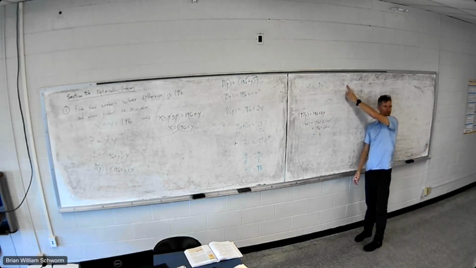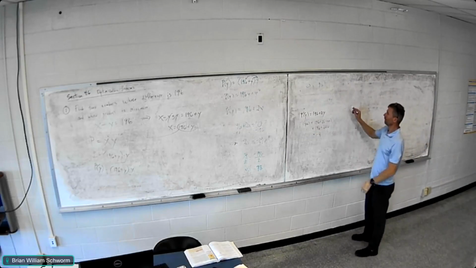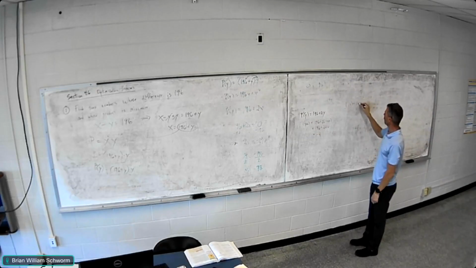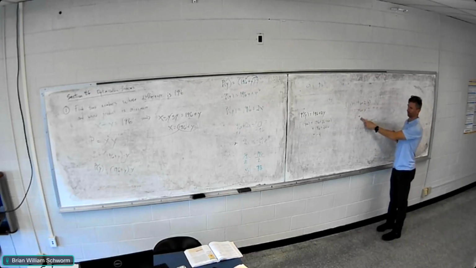Most likely this interval it's increasing, but we need to check to make sure. So pick a number, plug it in that's in that interval. Pick whatever you want. I'll do 0 just because it's easy to do calculations with zeros, and 0 is in that interval. Yeah, 196, but again, positive.